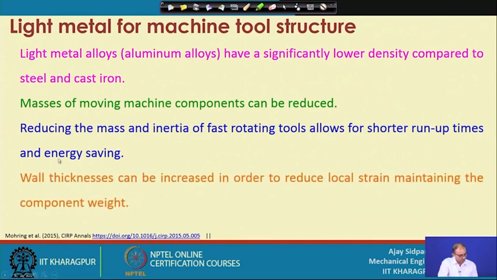Right. And wall thickness can be increased in order to reduce the local strain, maintaining the component weight. Now, how will it help us in this case? Now, consider this is the component, let me draw it again.